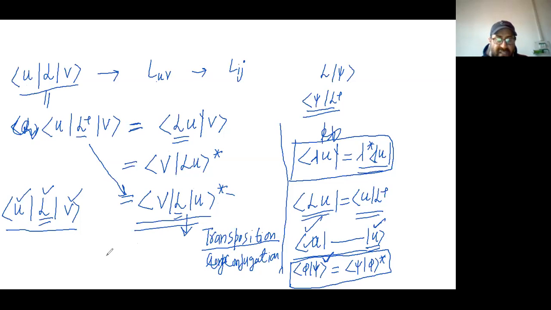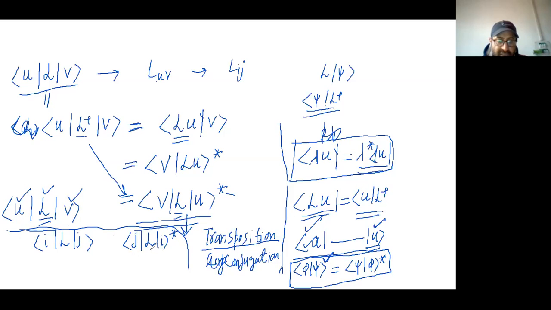If I write it in matrix element language, with the change in notation: if I had I, then L, then J, the adjoint operator will be J, L, and I, then complex conjugation.